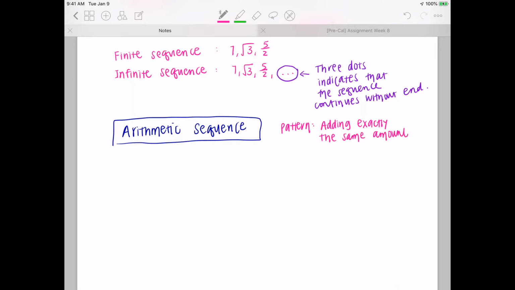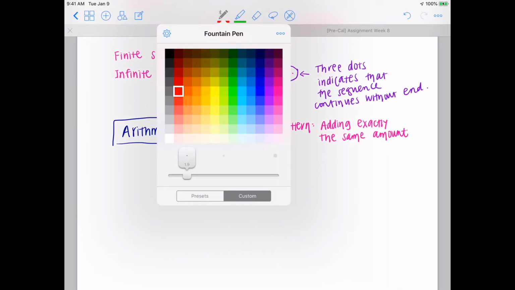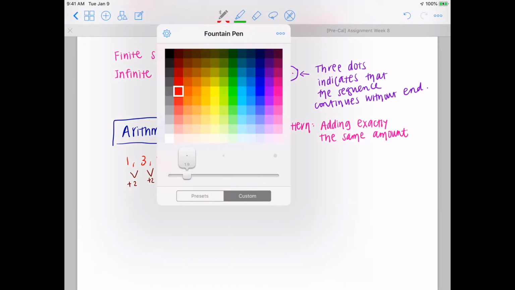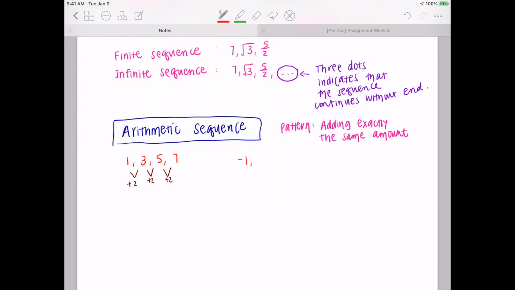Let's give some examples. We have 1, 3, 5, 7. You can tell that we are adding 2. And then we can also have -1, -2, -3, -4. Oops, I forgot my dot dot dot.